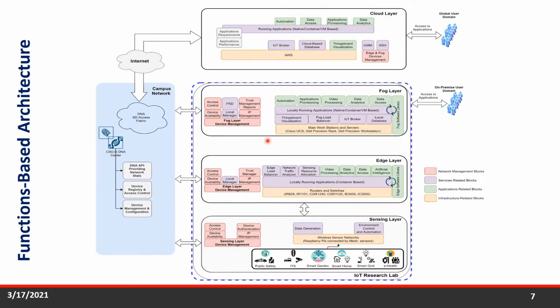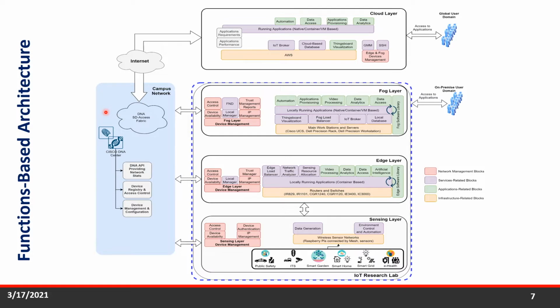The communication between the different IoT applications and sensing domains within the IoT research lab inside Carleton goes through the Carleton campus network. In addition, the data going from the IoT research lab to the cloud and the configuration posted from the cloud are also passed through the Carleton University campus network.